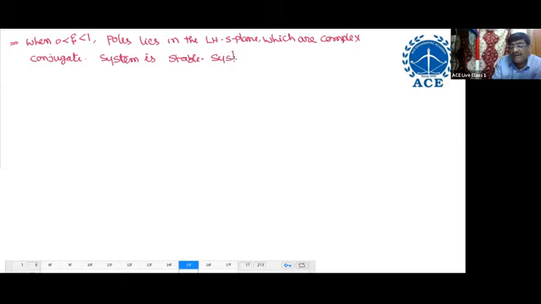The system response is exponential decay and frequency of oscillations, which are called damped oscillations.